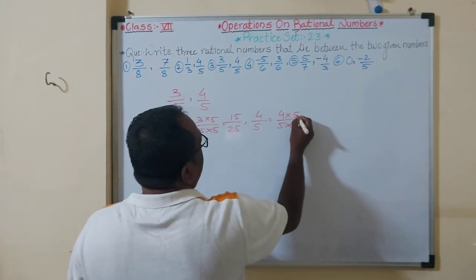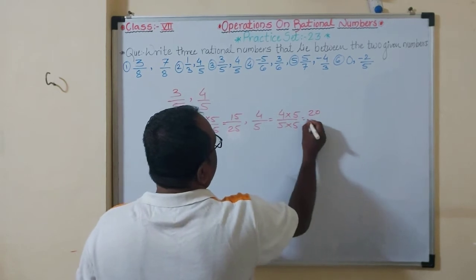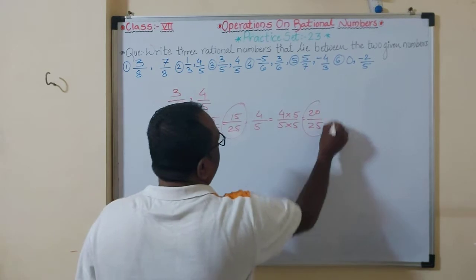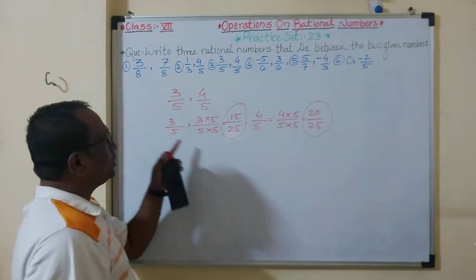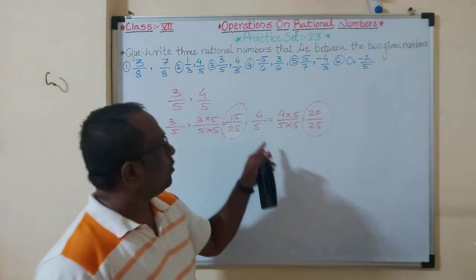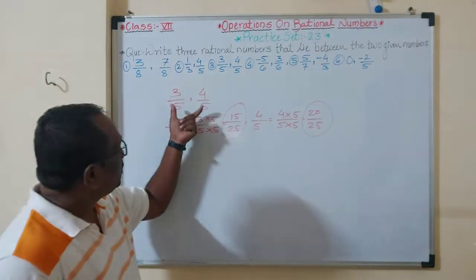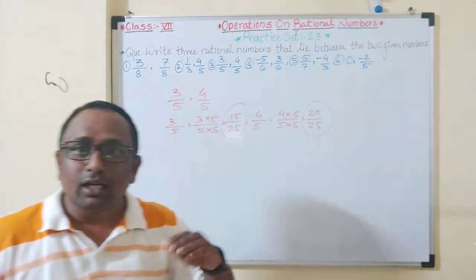Then we got 4 5s are 20 and 5 5s are 25. So we got these two equivalent fractions, 3 upon 5 is 15 upon 25 and 4 upon 5 is 20 upon 25. See students, still the denominators are same, but these are consecutive fractions.